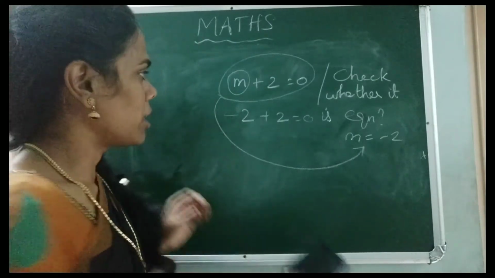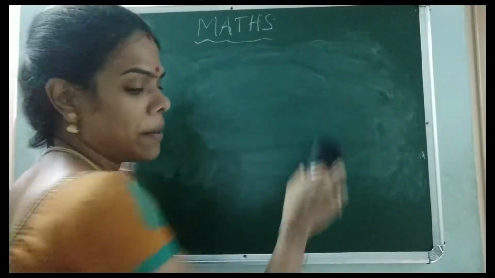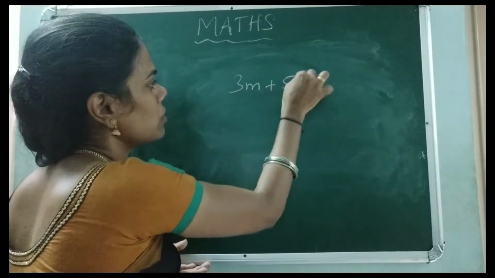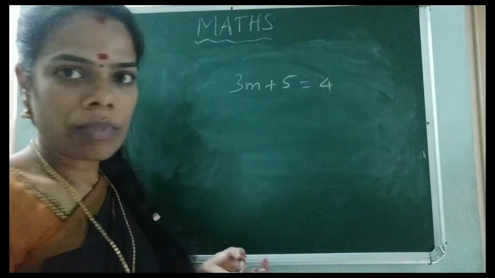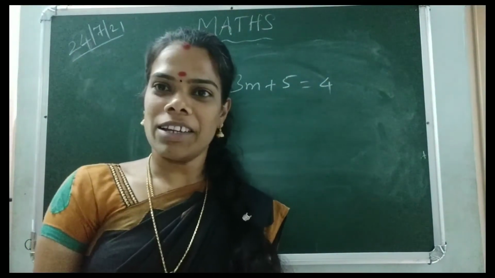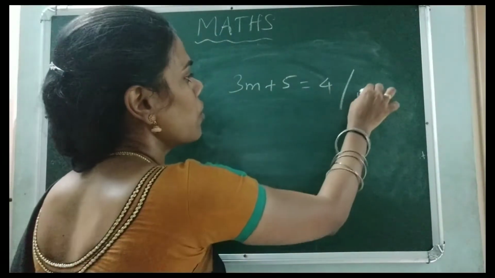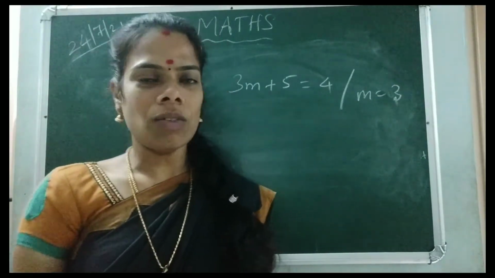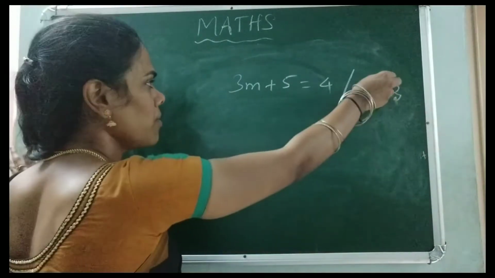One more problem I can do. Suppose I take 3m plus 5 is equal to 4. I have to check whether m equal to 3 is a solution. What we should do is just replace the value in the equation.